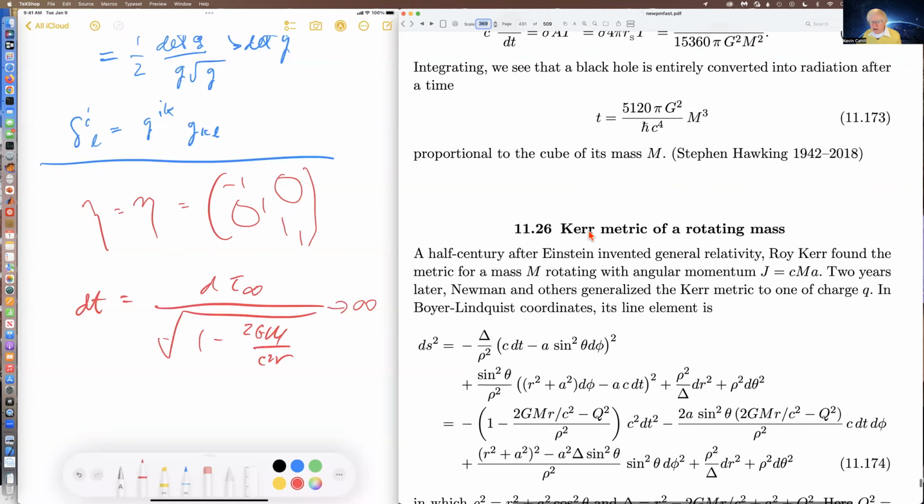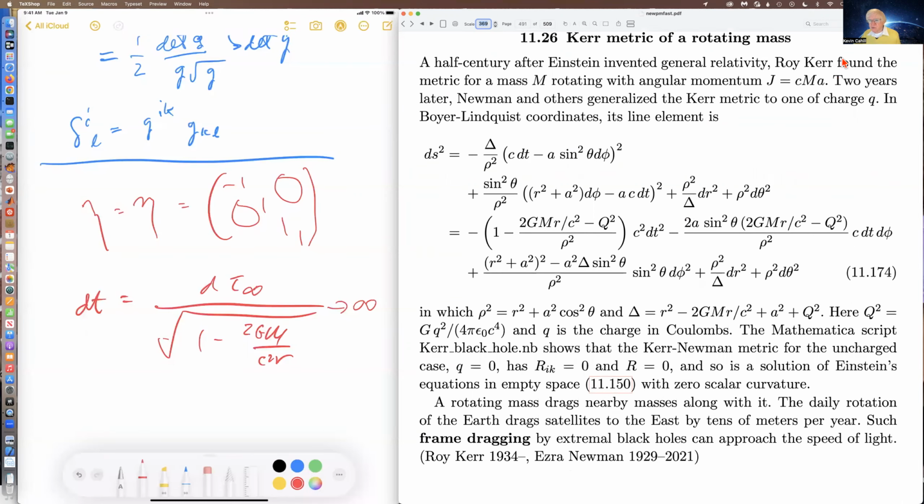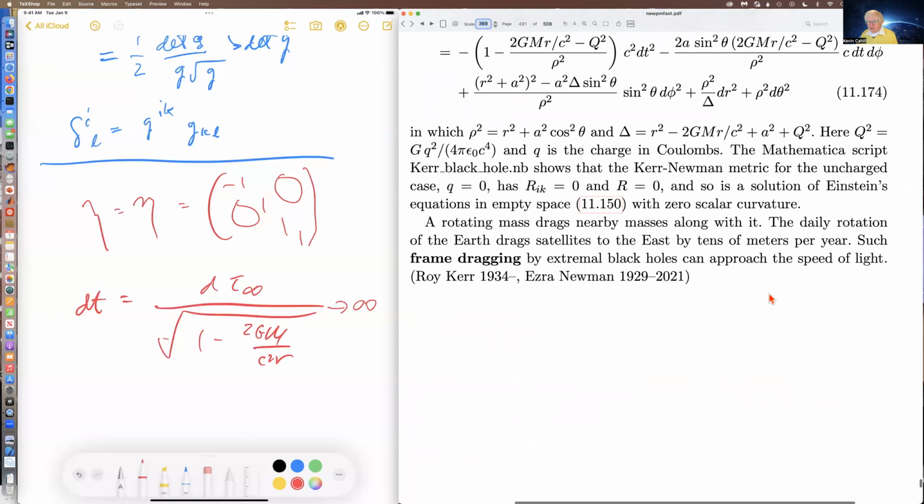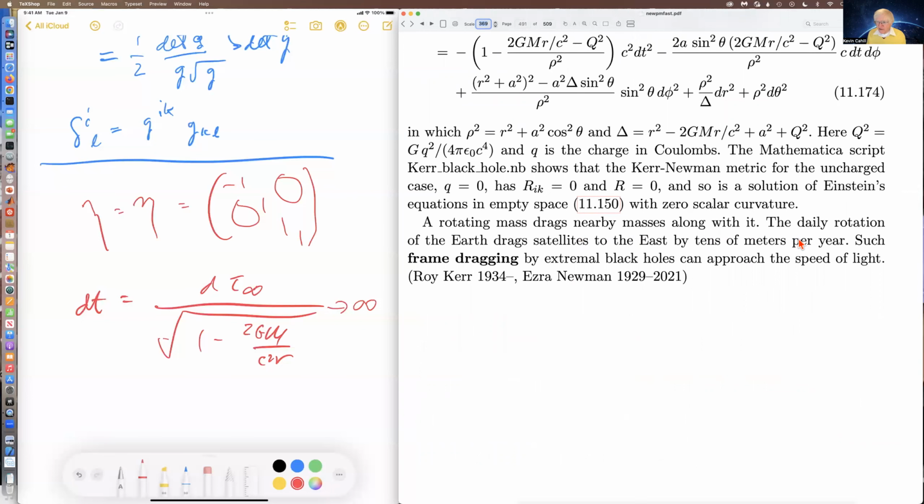When you have a rotating black hole, this was worked out by Roy Kerr, and it's quite interesting. I'm not going to go through certainly not the derivation, and I don't think I've ever been through the derivation of this, but one finds the following, that a rotating black hole drags, or rotating mass more generally, drags nearby masses along with it.